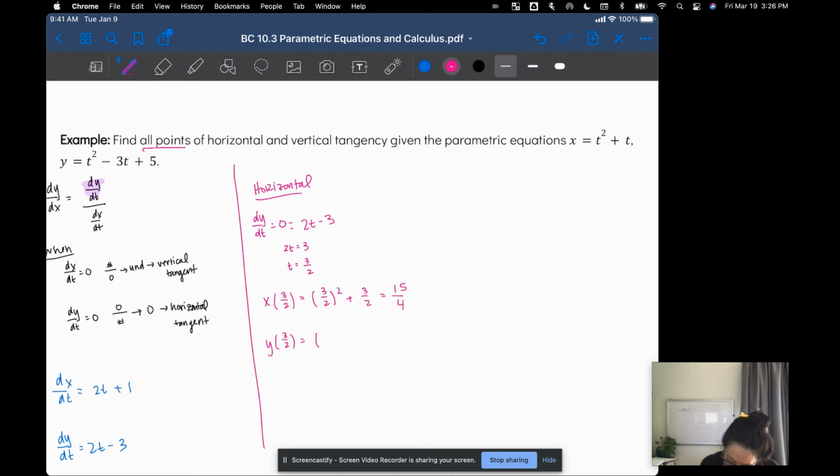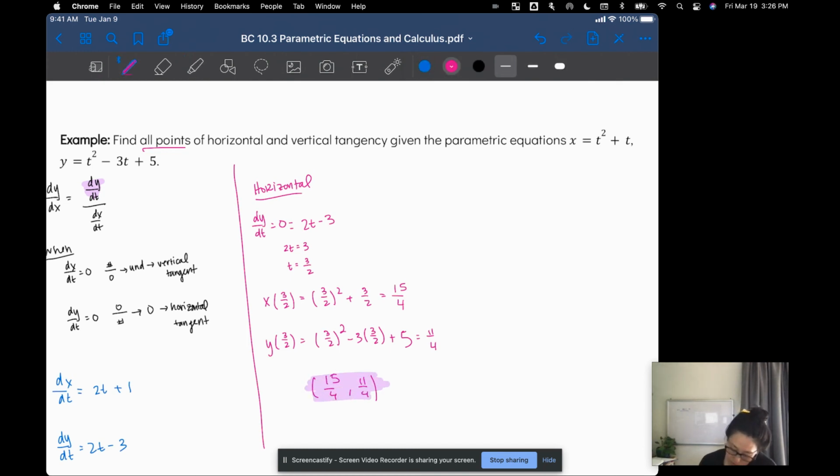And then for the y, it's 3 halves squared minus 3 times 3 halves plus 5. That is going to equate to 11 over 4. So at the point 15 over 4, comma 11 over 4, you have a horizontal tangent.